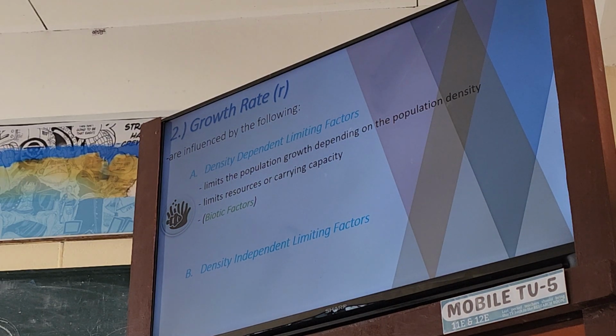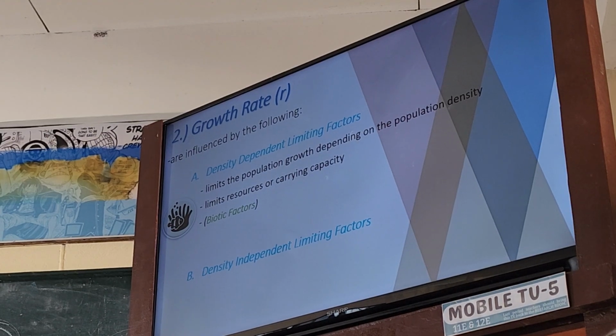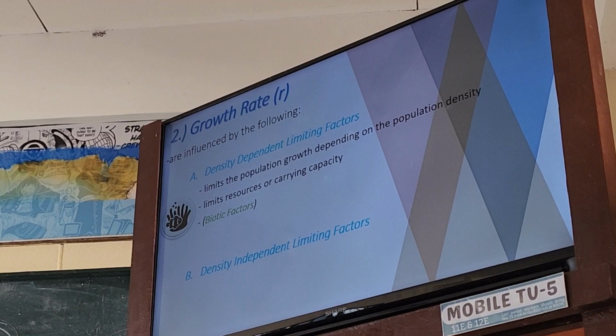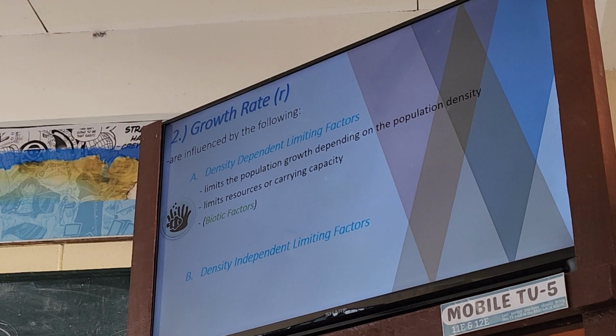So for example, our supply of food, is that biotic or abiotic in nature? It's biotic because it is consumed. For example, I am a mother of 21 children. Wow. Do not ask how I was able to. So, 21 children, just for example. For example, my budget for the entire month would be 3 sacks of rice.